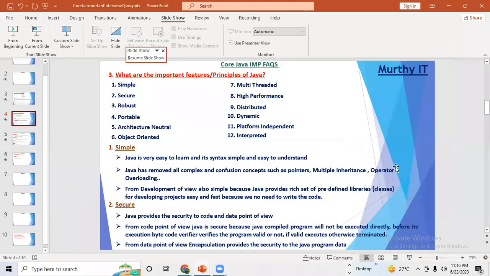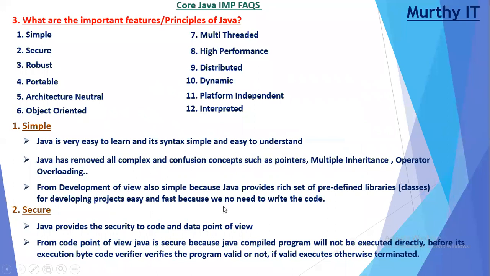So from the code point of view, Java code is secure because the JVM has a bytecode verifier. It checks whether the dot class file is valid or not, then only it will execute. Otherwise, our program will be terminated.